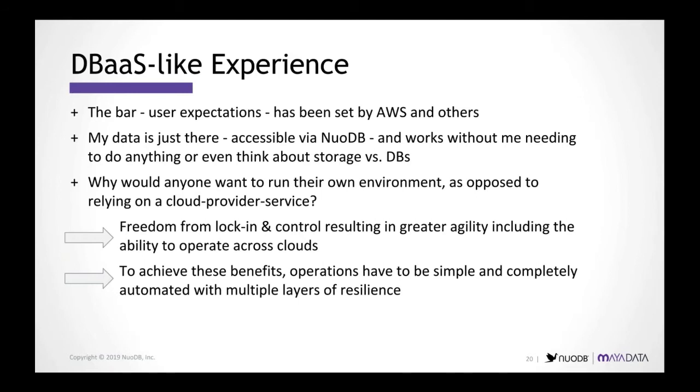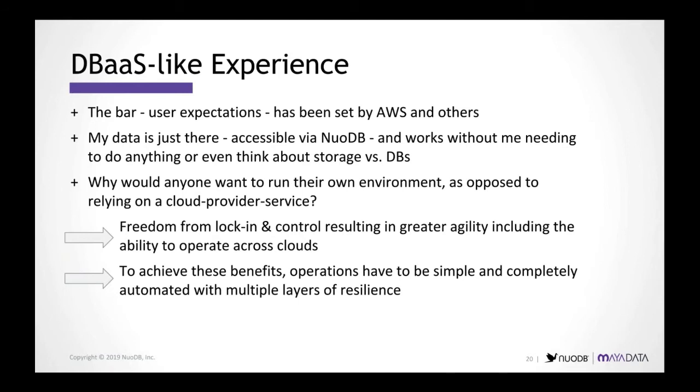To achieve these benefits, operation has to be simple and completely automated with multiple layers of resilience. So to build a DBaaS-like experience, you cannot just rely on the application. You need to also consider infrastructure, and mainly storage in there.